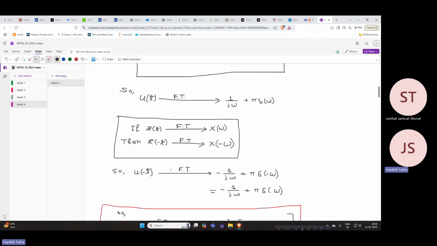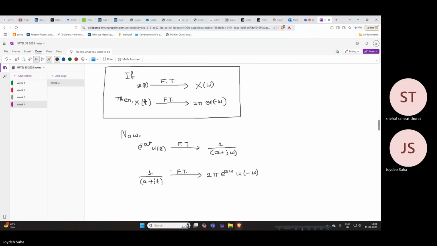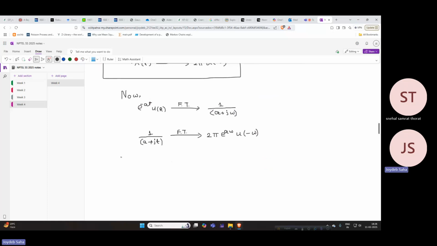So we will apply the time reversal property here. 1 upon (a minus jt), its Fourier transform will be 2 pi e to the power minus a omega u of omega.